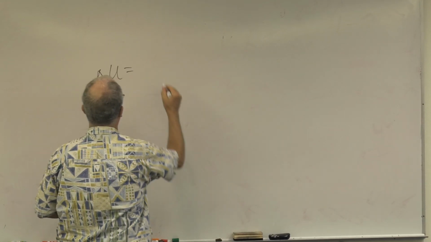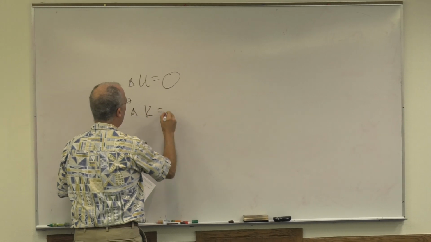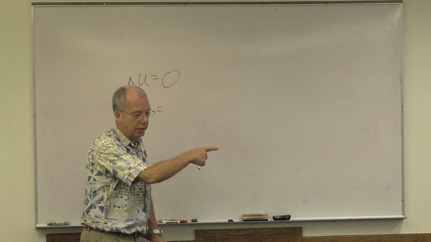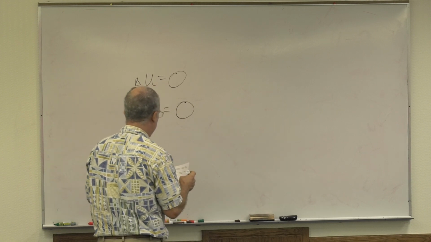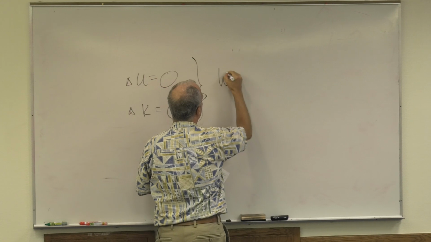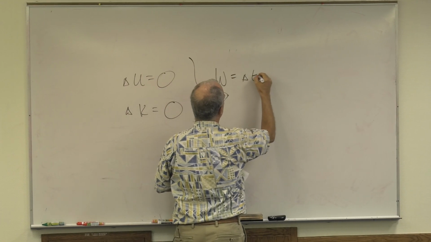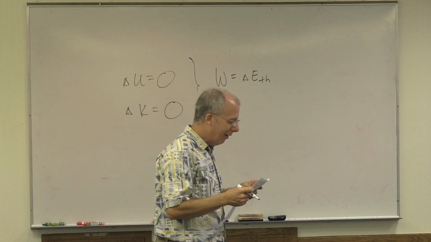What's delta K? Well, it's constant speed, so the kinetic energy doesn't change. So that means the work equals delta E therm. Okay, we're getting there.